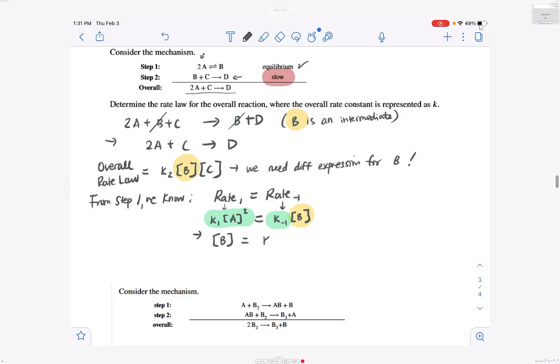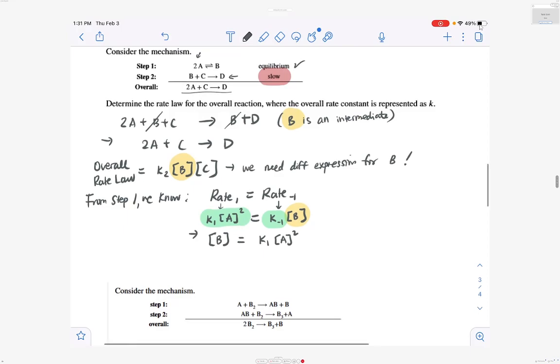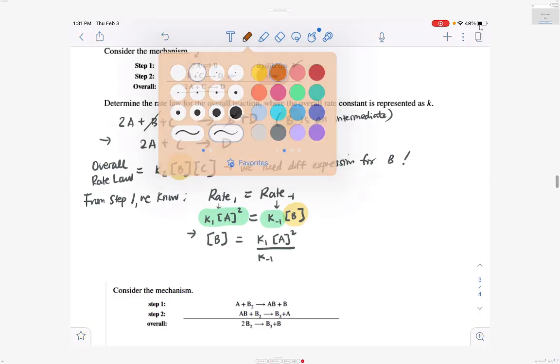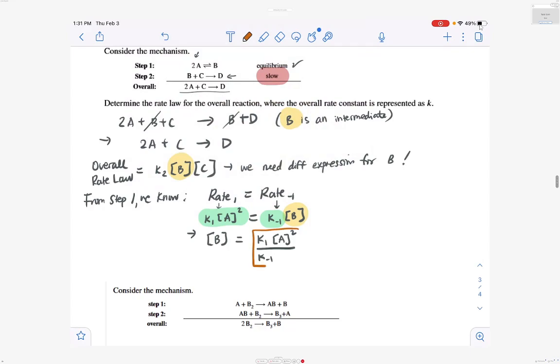So now the concentration of B is basically going to be this divided by this. So K1 times the concentration of A to the power of 2, divided by K negative 1. We're going to plug this in here because we don't want to see the intermediate in the overall rate law expression.